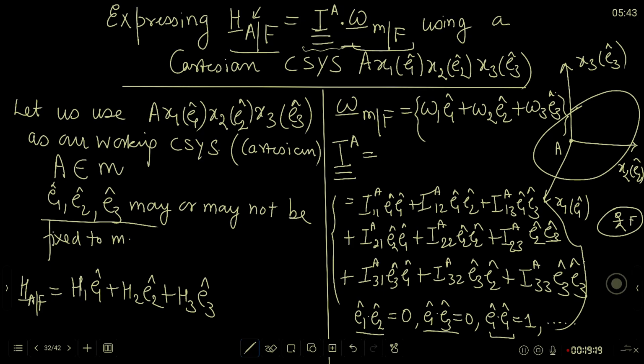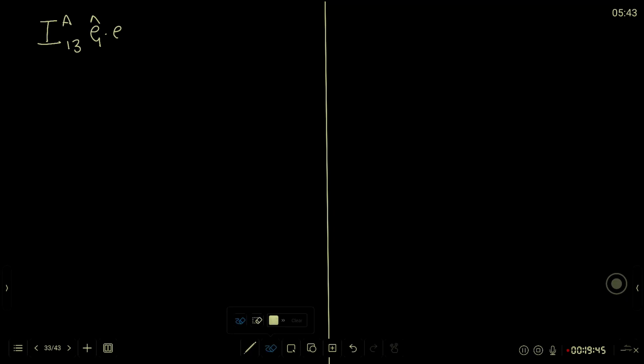The second thing to keep in mind is that if you have a term like IA13 E1 E3, and this is supposed to dot with, suppose, omega 3 E3, suppose you come across a term like this.